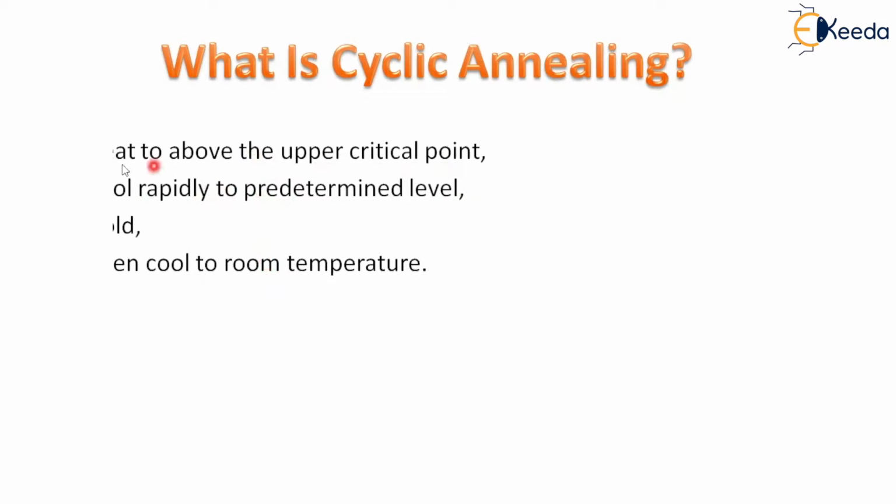The first step is to heat until it reaches above the upper critical point, then cool rapidly to the predetermined level and hold for a particular time, and after that cool to room temperature. This is the process that we adopt in cyclic annealing to improve the properties. That is the main intention of this heat treatment process, and we are going to discuss all these things in this session.